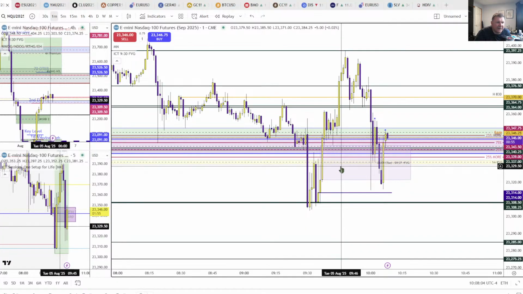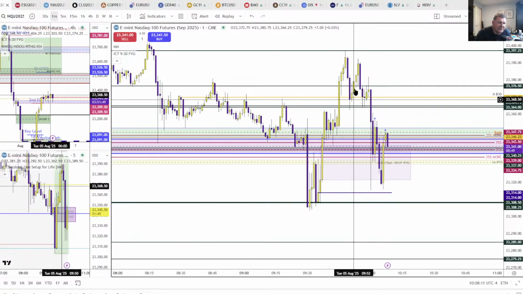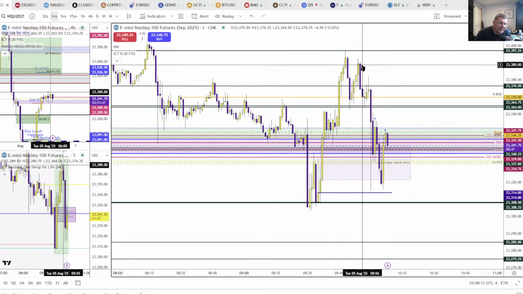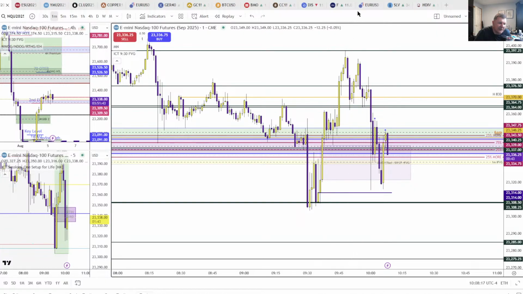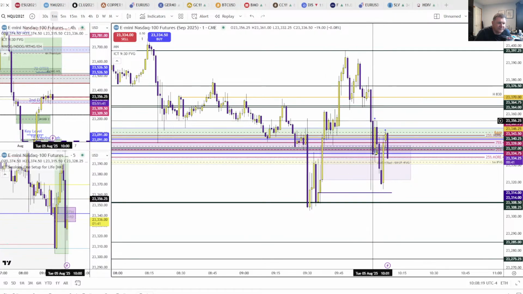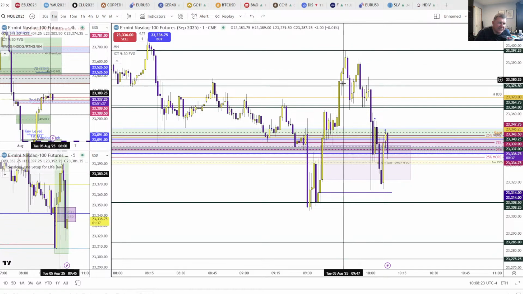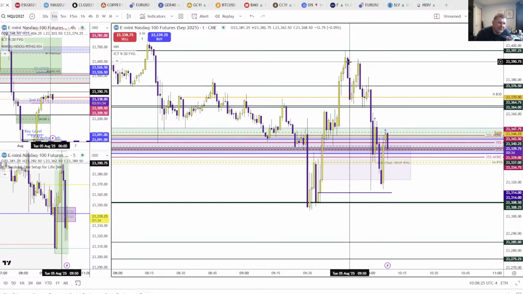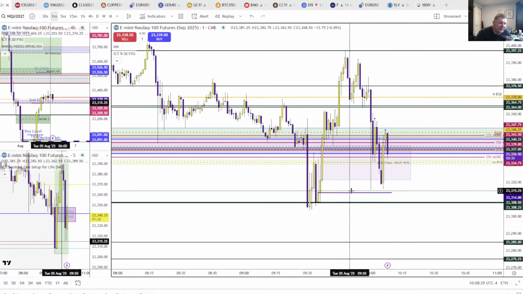And then my range extension model is the BISI or the SIBI that gets broken to the upside. Expectation is mean threshold, rejection block, old high, and range extension. And then there's like 3 other little models that occur after that BISI to give you an opportunity to catch that run to go higher or lower.